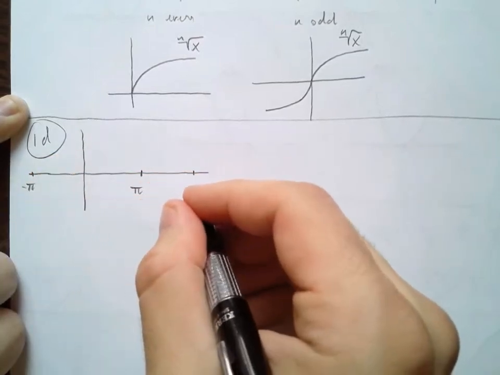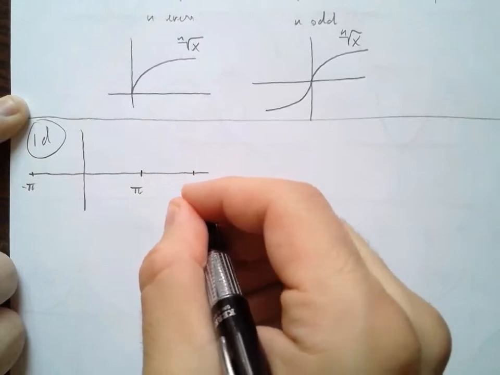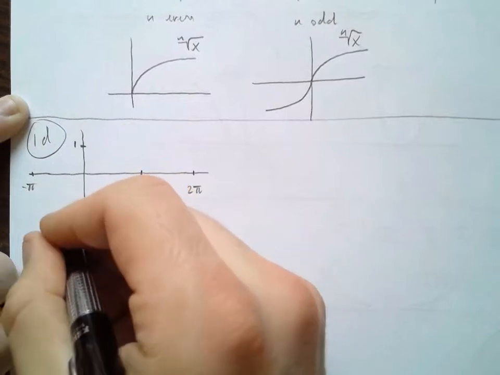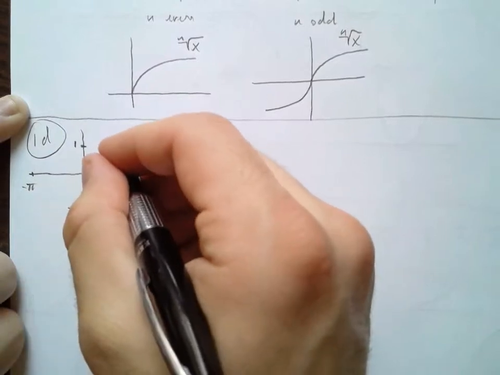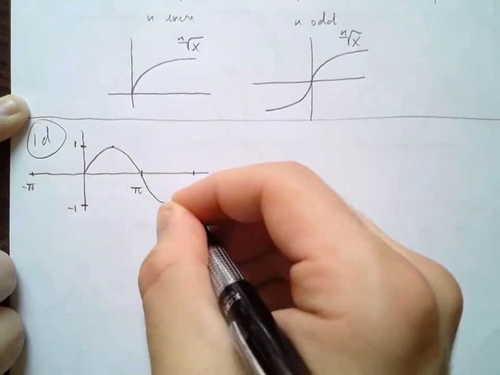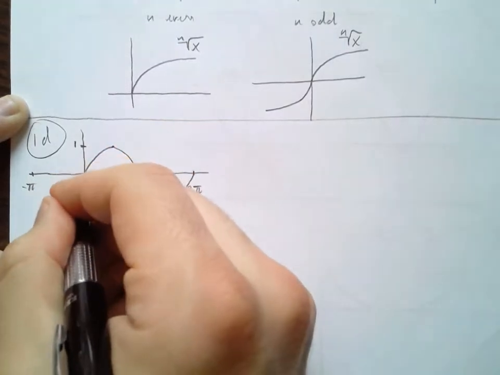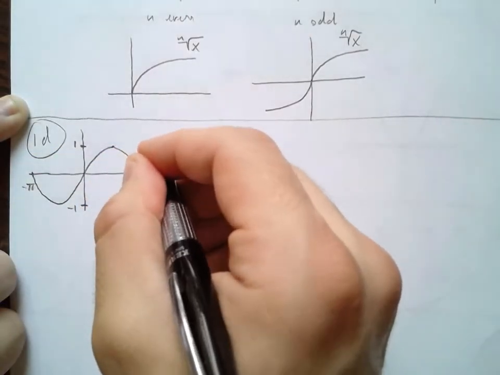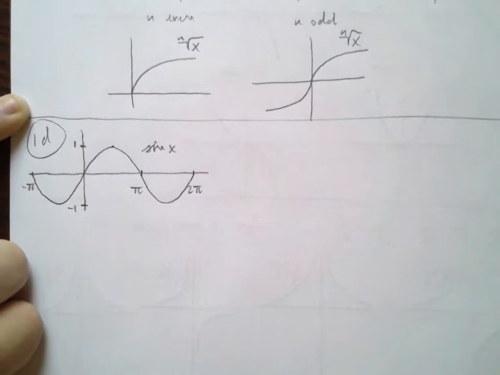So this is minus pi, that's 0, this is pi, and this is 2 pi. I know that the sine graph is going to basically look like that. This is sine of x.